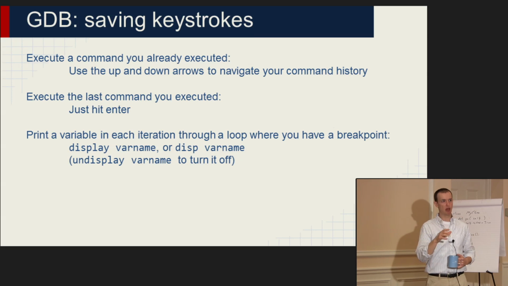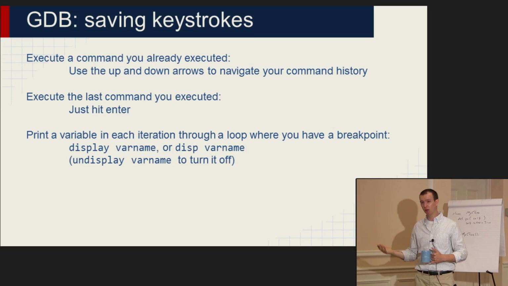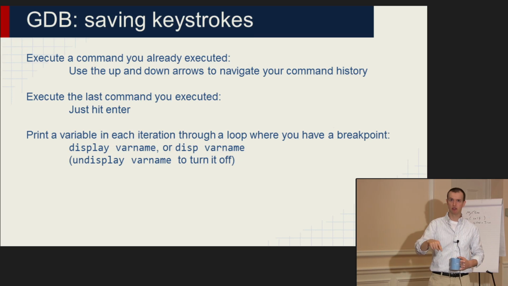Instead of typing out print varname every time you go through the loop and it breaks, you can just say display varname, and when you hit continue, it'll go until it hits the breakpoint again and then print out the variable so you can see what it was. This is great for loop counters, especially if you're doing something funky like incrementing the loop counter by some non-standard amount. You can watch the loop counter increment in its crazy way.